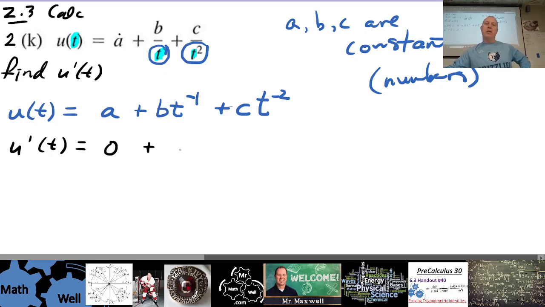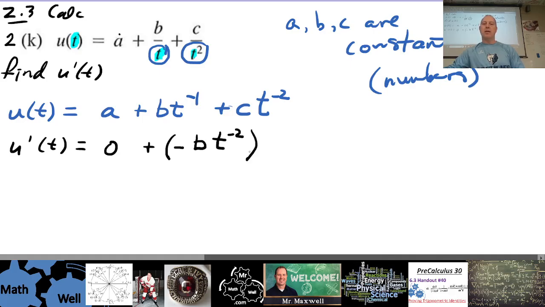Okay, so now I'm going to add this term. When I take the derivative of this term, remember the rules. The power rule says that this exponent has to come down and multiply by this number. So I'm going to have, and I've already written the plus, which is fine, but it's going to be negative b times t to the power of what? Negative 2. Very good.